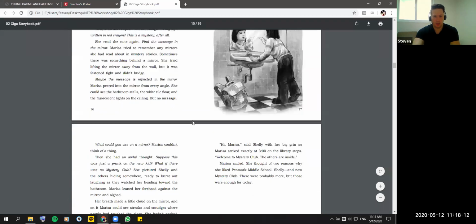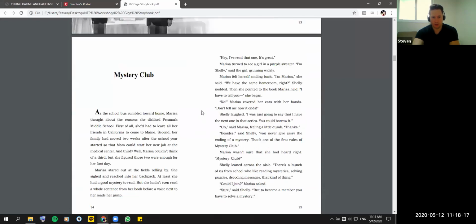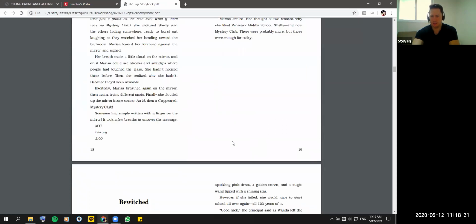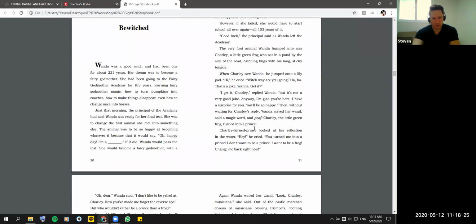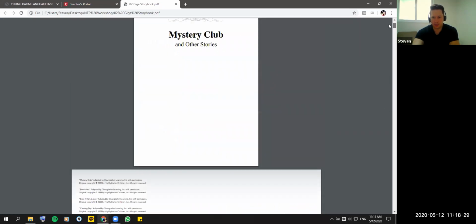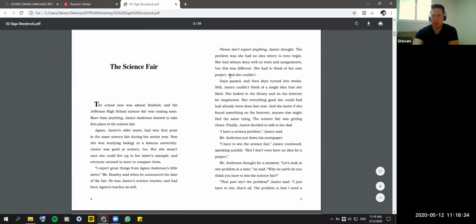You'll just cover a new one, and you can see this one's pretty short: Mystery Club, 14, 15, 16, 17, 18, that's 19. These are not very long, and the reading level is not too difficult. Some of the V1s can be a little difficult for the kids at low level, but I found that they were okay with this one.